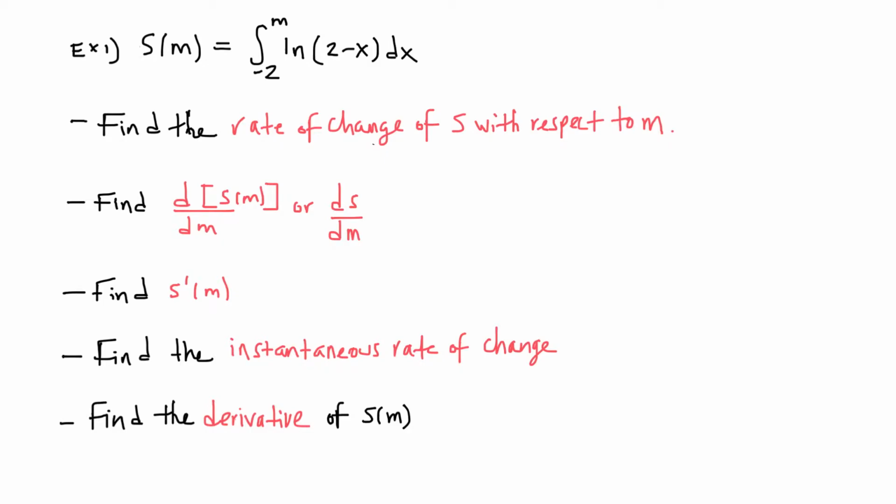If they wanted the average rate of change, they have to specify by saying the word average. And if it doesn't say average, then it is the derivative. Please understand that's an important difference. So rate of change and instantaneous rate of change are basically the same thing.